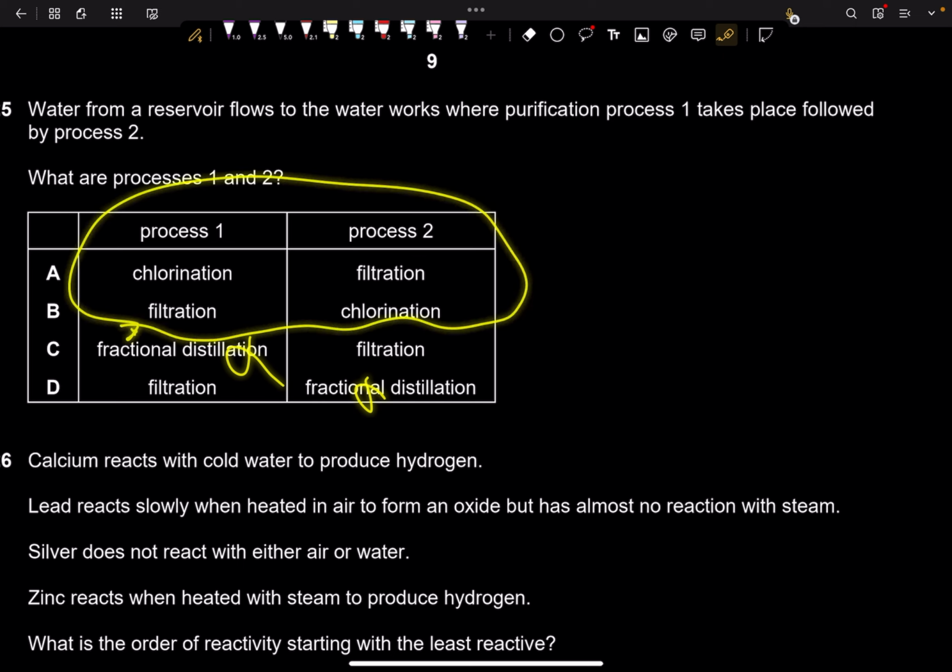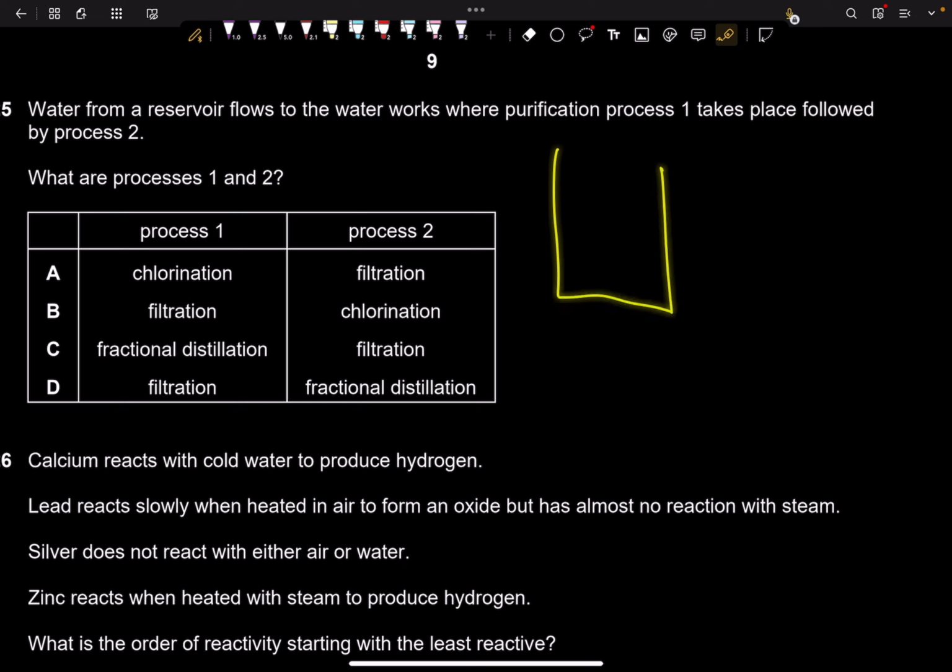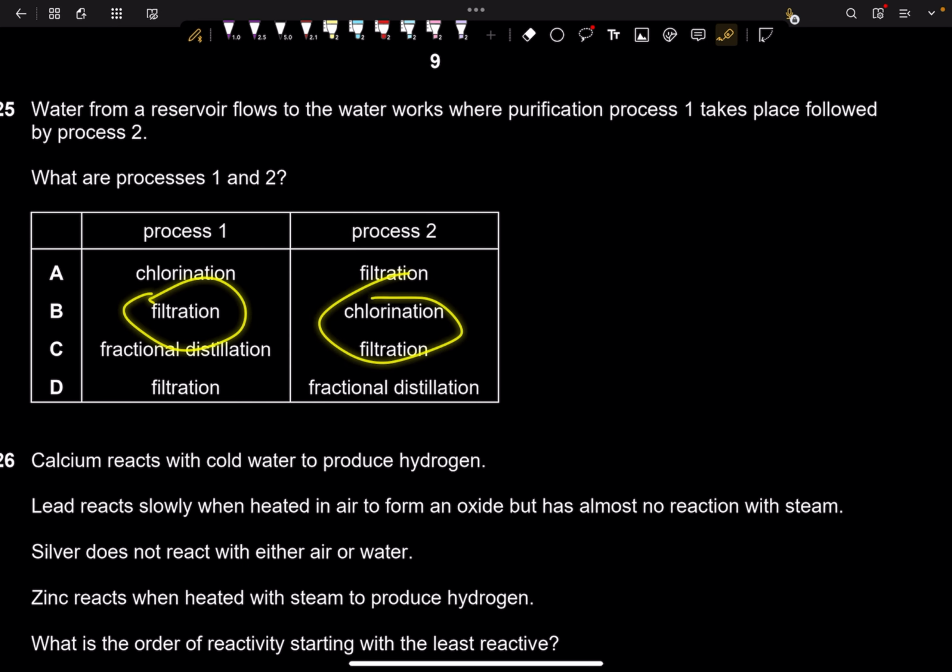For example, if you have impure water with huge particles and lumps of impurities in it, are you going to first add chlorine to kill the microbes and then filter it out, or first filter it out and then add chlorine? Obviously, you're going to filter first. You'll want the solid particles to get removed first and then you add chlorine. And if you don't get this concept, then you need to learn all the steps in order for water purification.